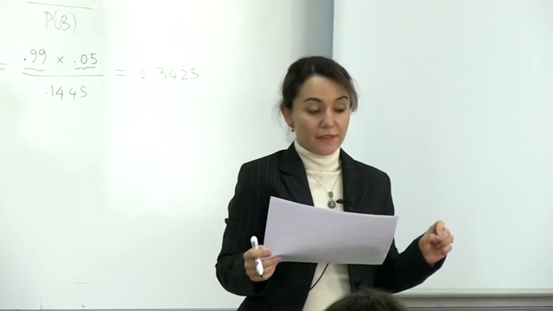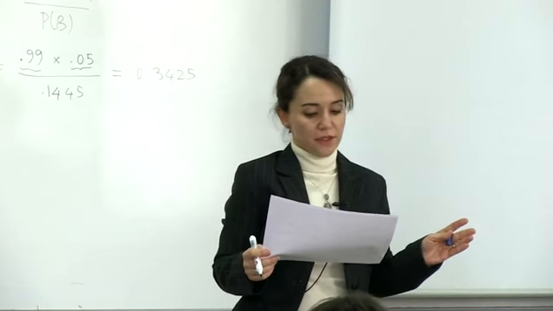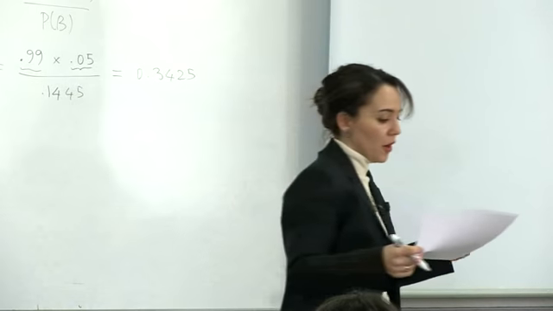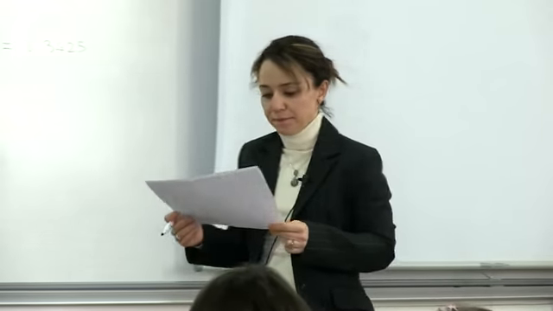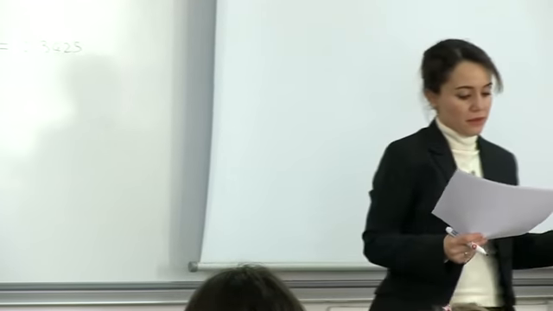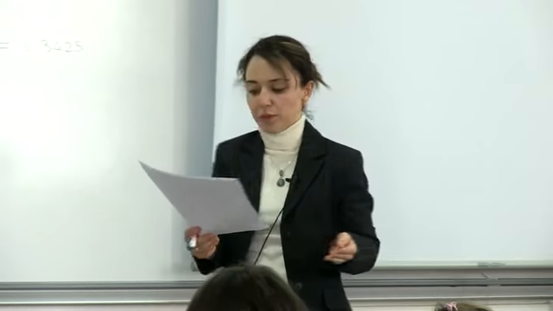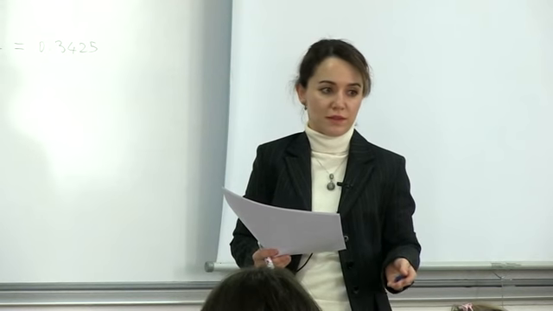And if the person is not sick, does not have the disease, the test results are negative with probability 0.95. It's a pretty good test. Now, this disease is sort of rare. A person randomly drawn from the population has this disease with probability 0.01.